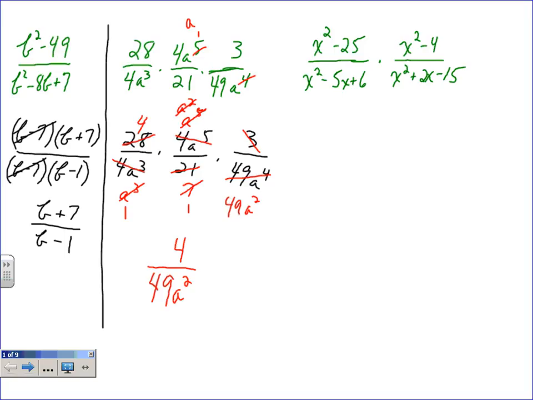Now look, if you try to multiply across the top, multiply across the bottom, and then try and reduce that, it's almost impossible. Our factoring skills are not that good. And it might not even be possible with the tools that we have. So let's factor the numerator, x minus 5, x plus 5.